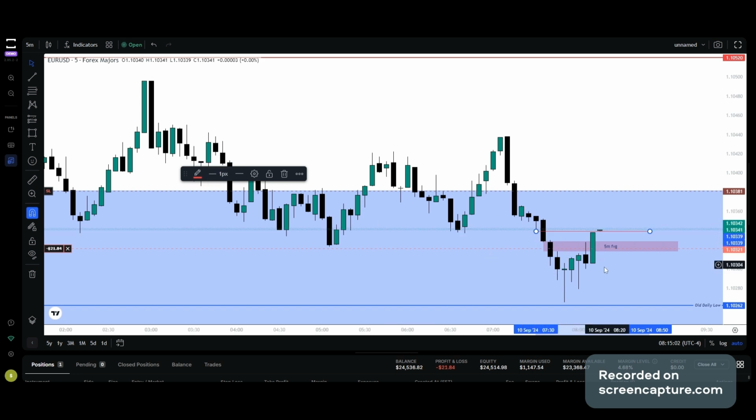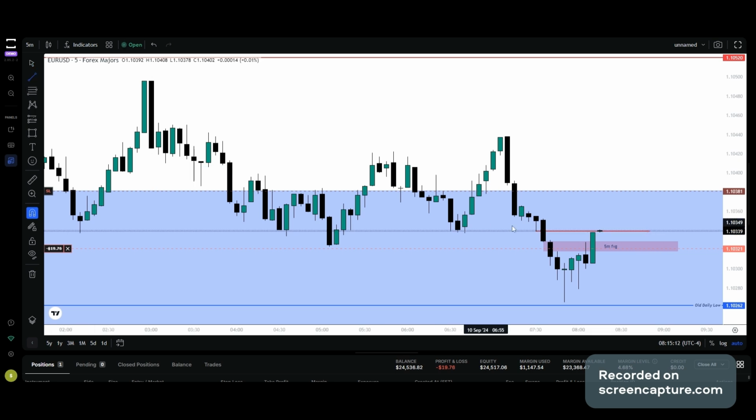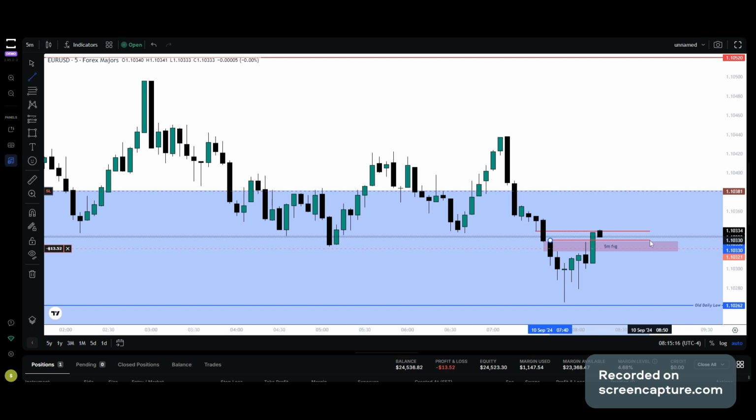Okay, so we just gapped up above it. It looks like price wants to run here. We'll see what happens. So yeah, I want price action to stay within this longer horizontal line right here, or this one on top.